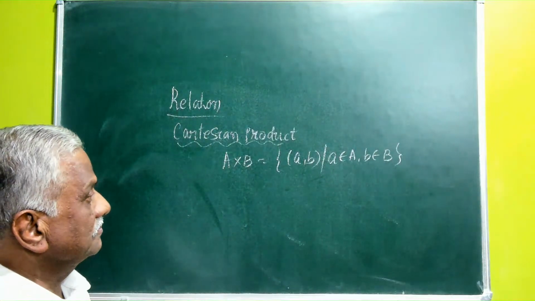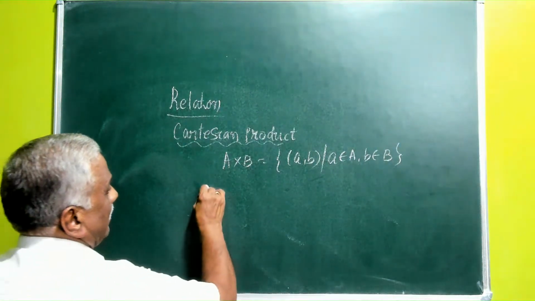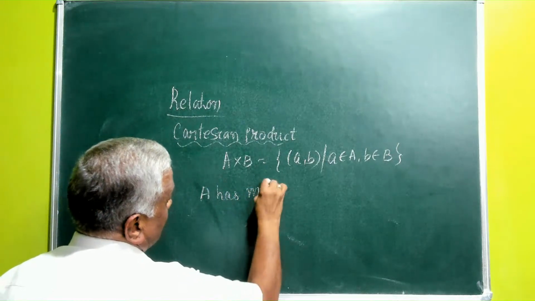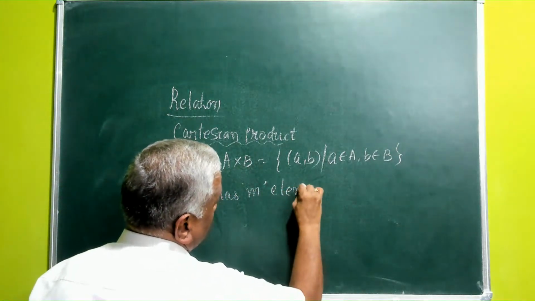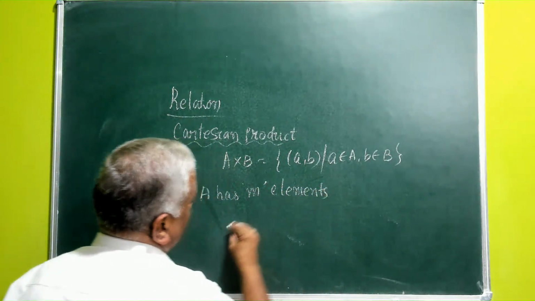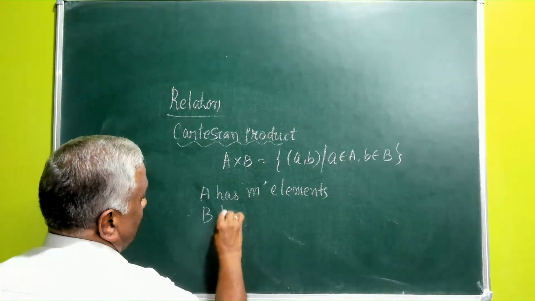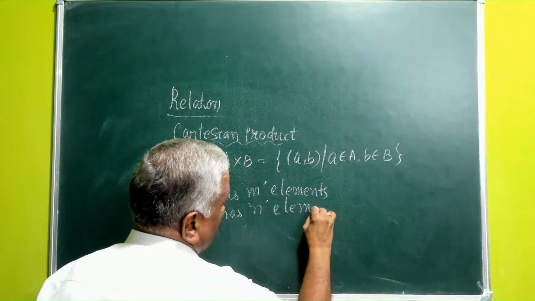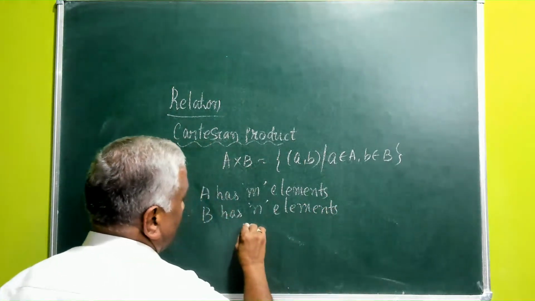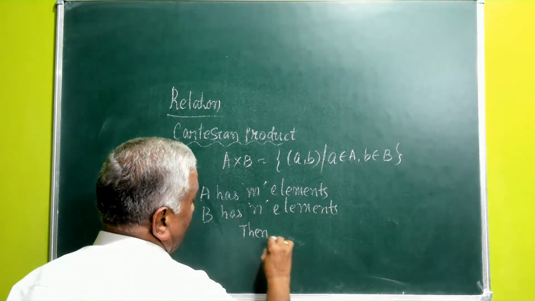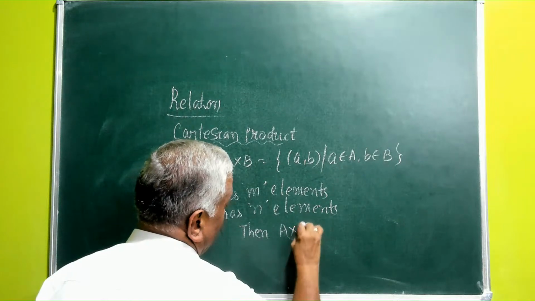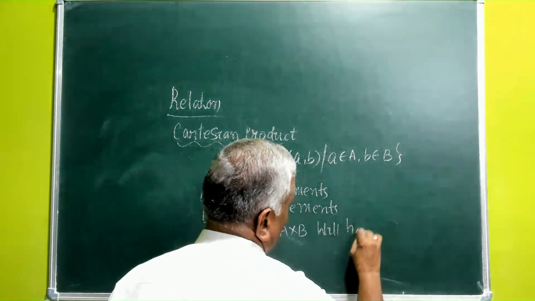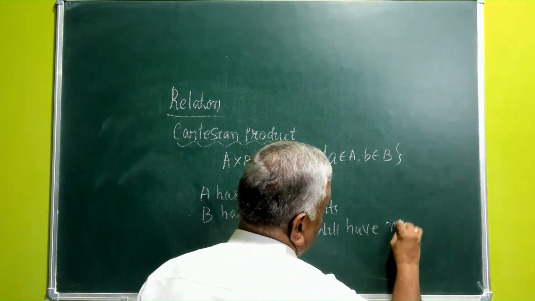And if A has m elements and B has n elements, then A cross B will have mn elements.